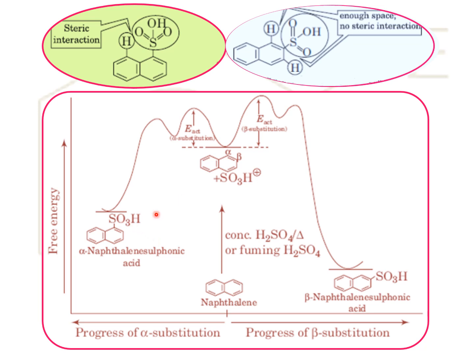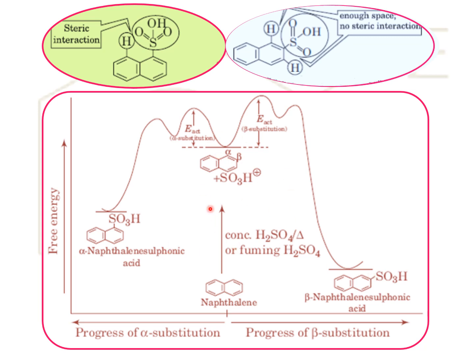Under equilibrium condition, the less stable product, that is 1-naphthalene sulfonic acid, readily undergoes desulfonation to yield naphthalene, which undergoes further attack at C2 position, that is at beta position, to give a more stable 2-naphthalene sulfonic acid as a thermodynamically controlled product.